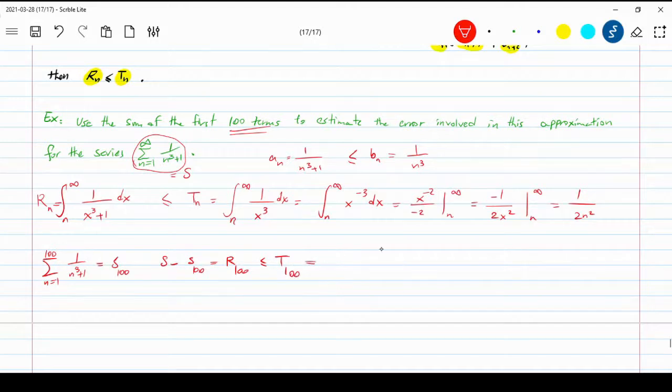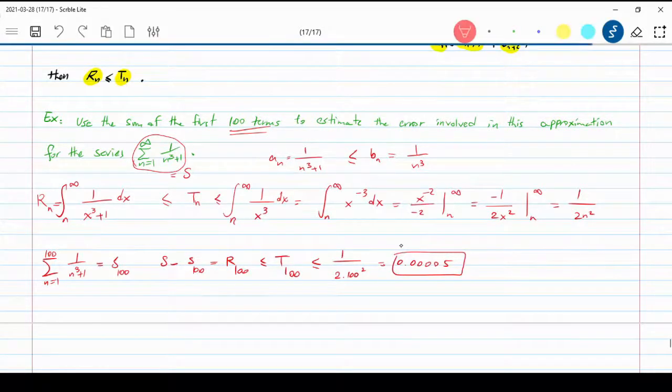And we already calculated that this is approximately less than 1 divided by 2 times 100 squared, which I believe is 0.00005. So if you do 100 terms, the sum of all those 100 terms is close to the exact value up to this error.